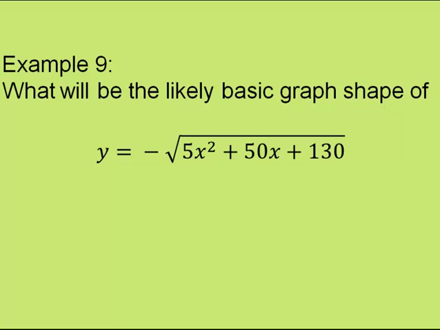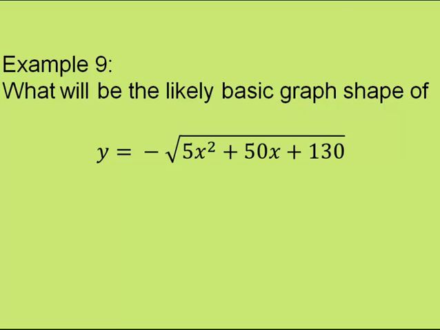Let's try an example here. Number 9. What will be the likely basic graph shape of y equals this? You see a square root of a quadratic expression in x. You see a negative in front of the radical sign, which you can almost ignore at first. You can account for it in your conclusion.